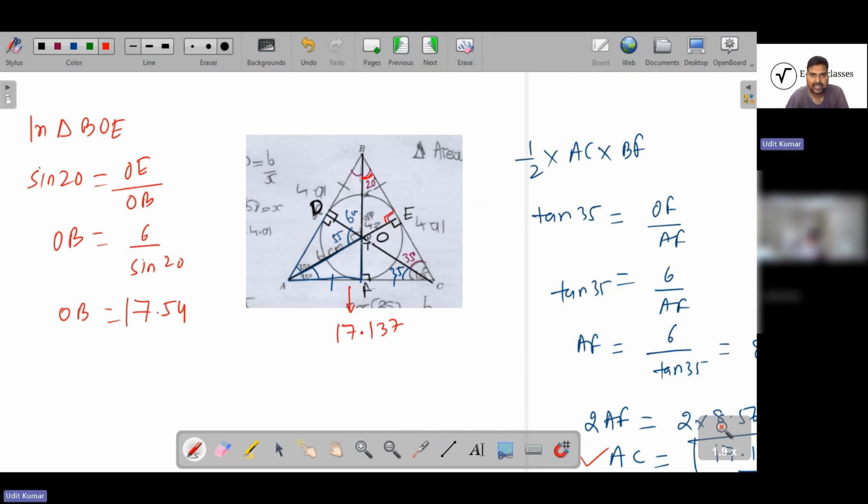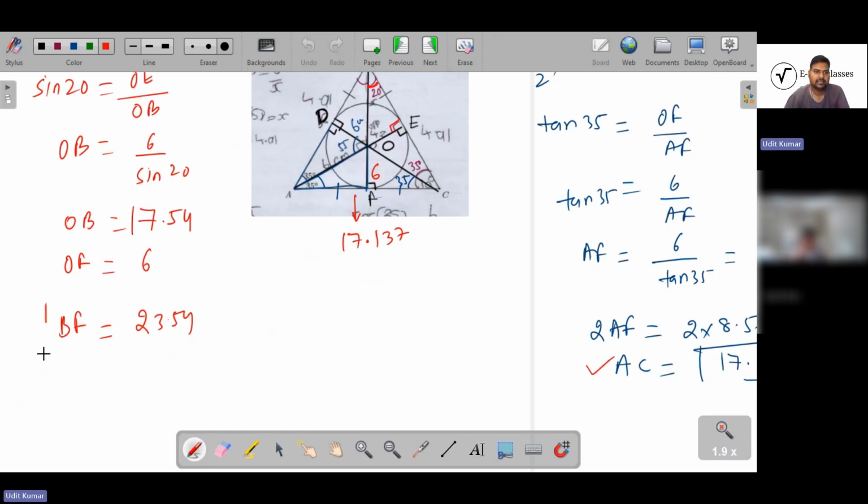So O to B is 17.54, and OF is what? 6, the radius. Add them. So BF is this.